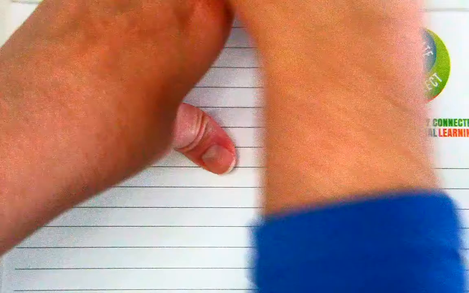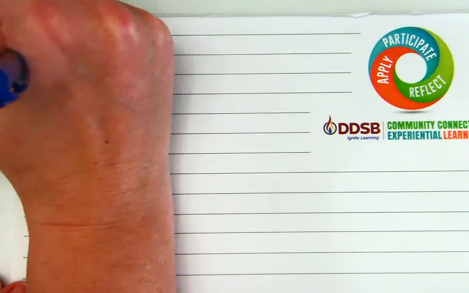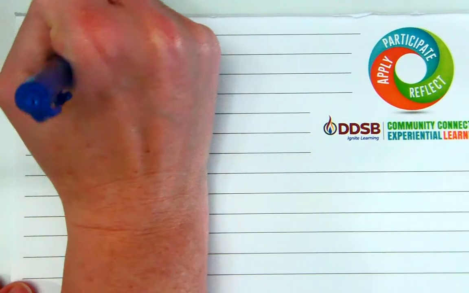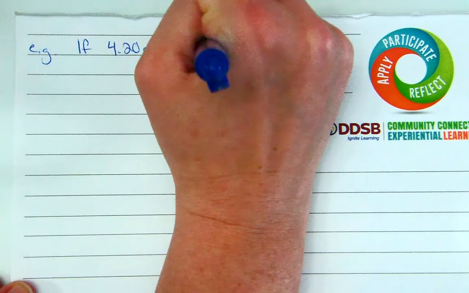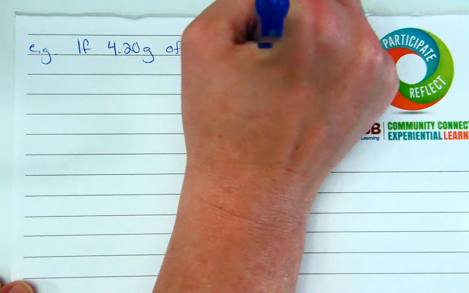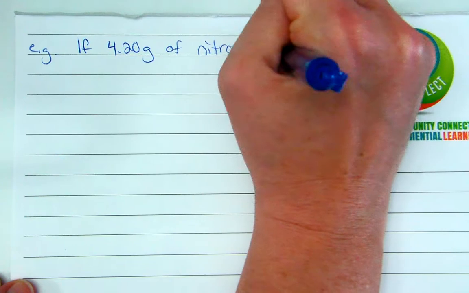Let's try the problem out, shall we? Yes, yes we shall. I know this reaction comes up a lot, nitrogen and hydrogen gas forming ammonia, but you know what? It's a simple one.